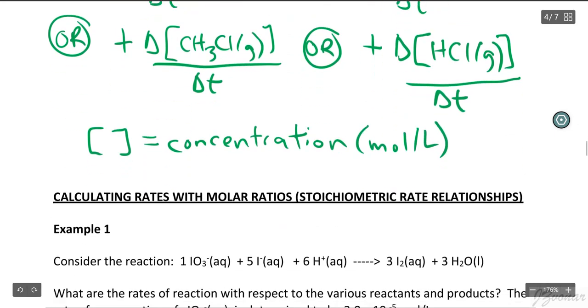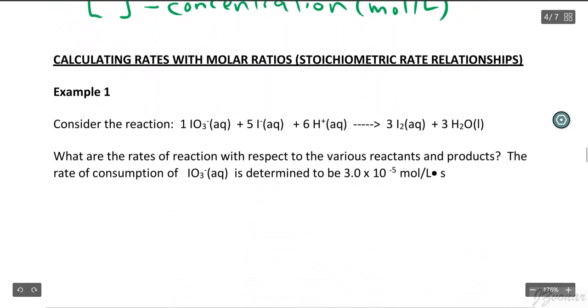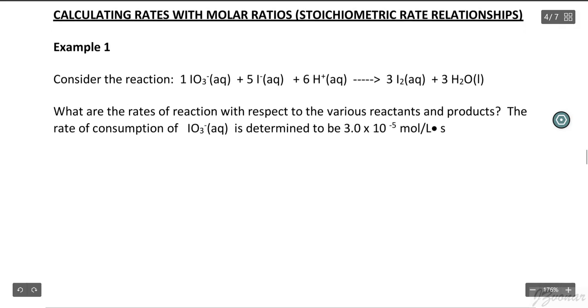We can calculate the rates with respect to stoichiometric relationships or mole ratios. If we know the balanced chemical equation and we know the rate of one of the reactants or products, we can determine the rate of the other reactants and products based on that value.